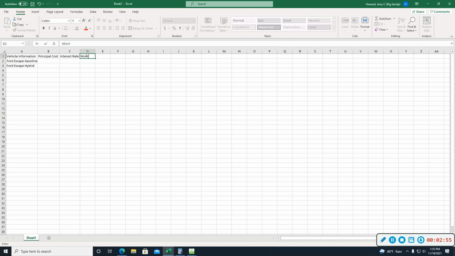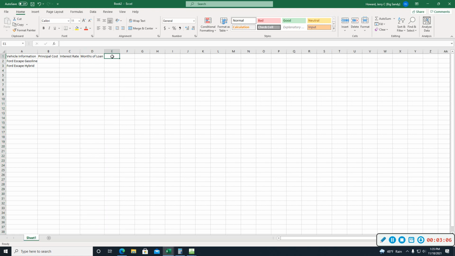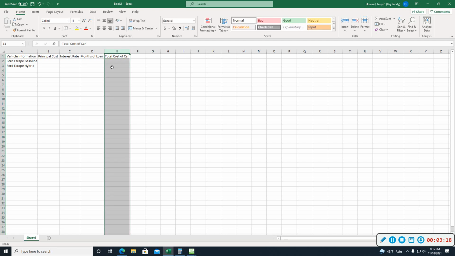I want to put in here months of loan, and a lot of people try to shorten things up. I like to put the whole information in there. I'll put the total cost of car here, and this would be the total with the interest rate along with the principal.